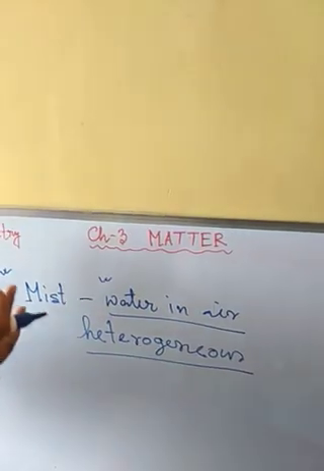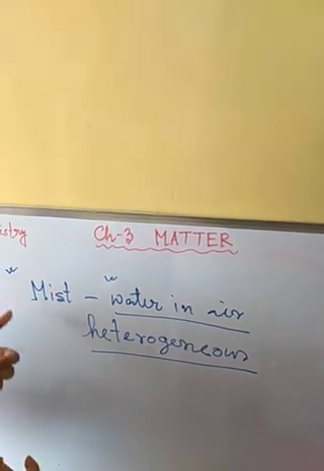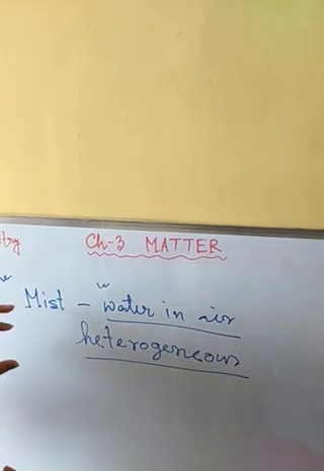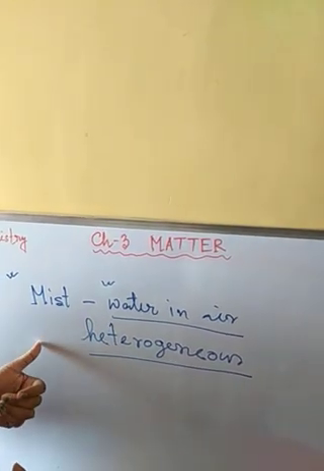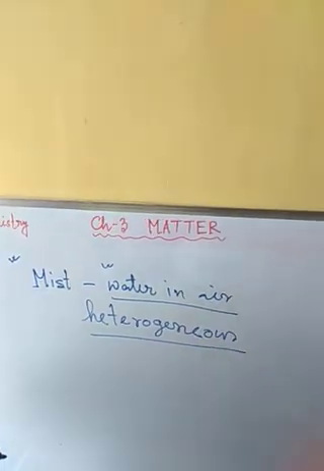Okay, all the properties of a heterogeneous solution are present in mist. Its composition is not the same throughout its volume, and we can see the particles separately. So it will be a heterogeneous solution.